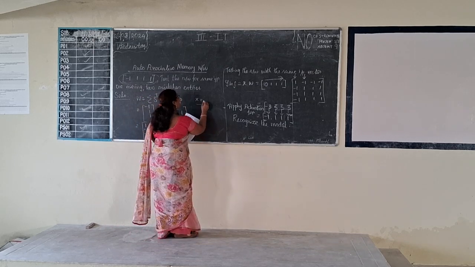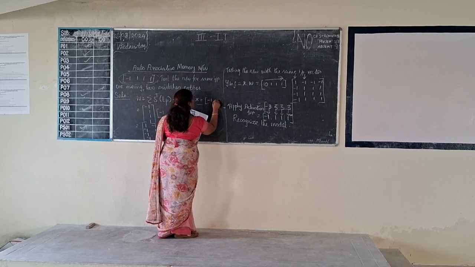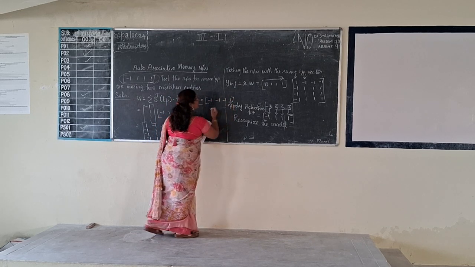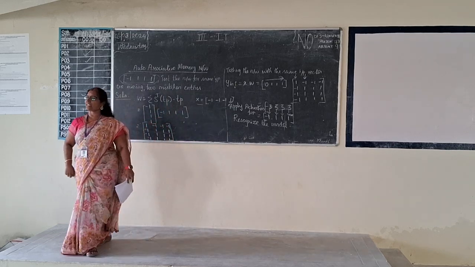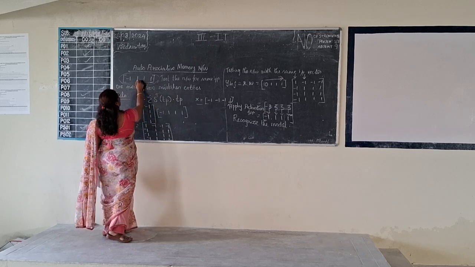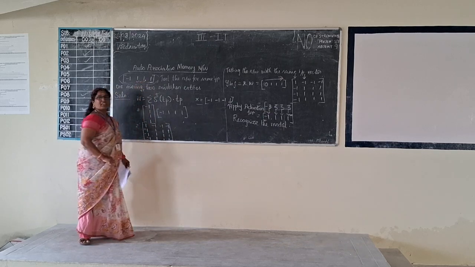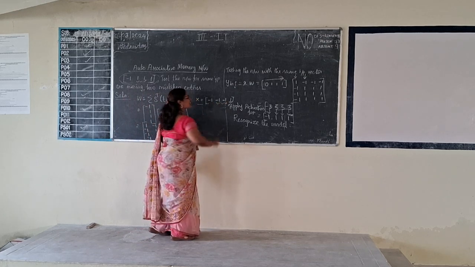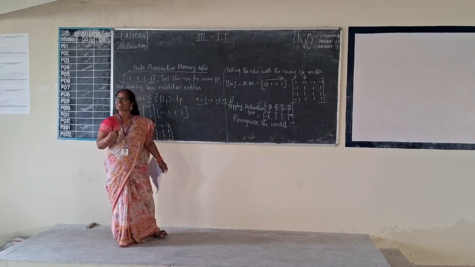Yeah. Now take the input as -1, -1, -1 and 1. This is the input vector I am taking now. These two entries, instead of giving positive value, I am giving as negative value. Two mistaken entries I am testing with.